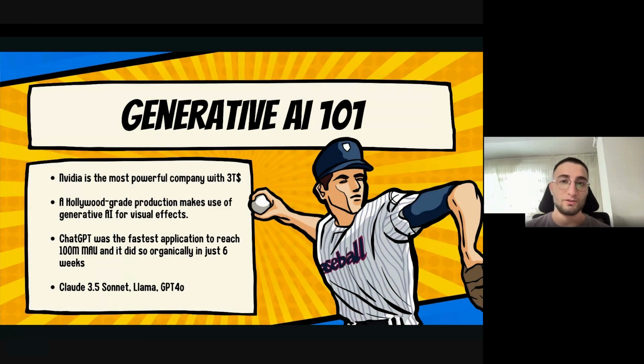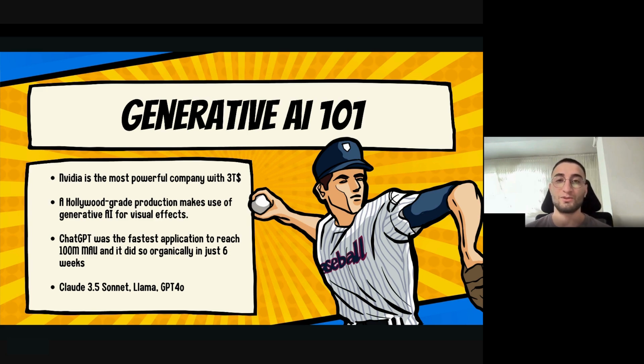So first of all, these are some points that probably everybody should know. Right now in the generative AI space, in the AI space generally, NVIDIA is the most powerful company with $3 trillion. And since they're selling shovels, they're making a lot of money out of it.